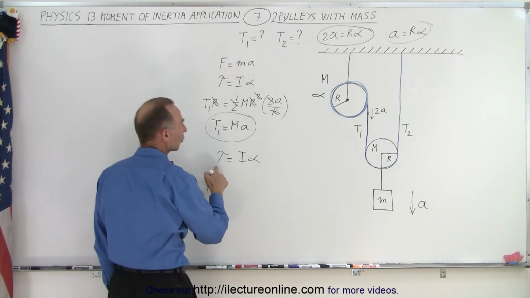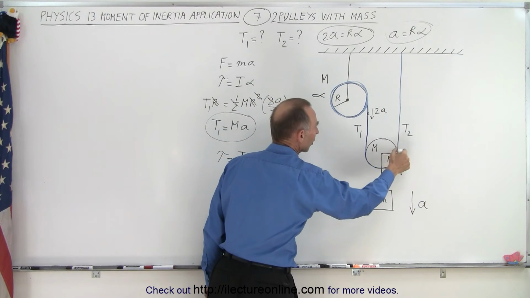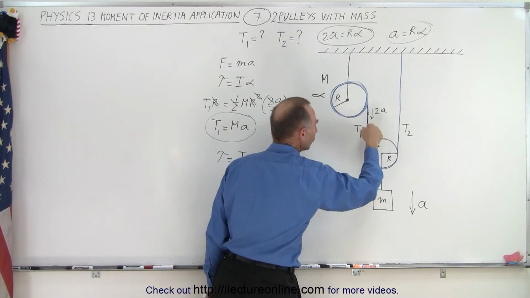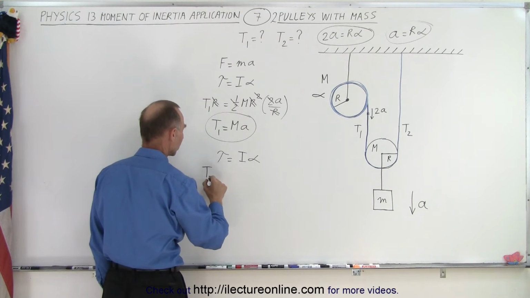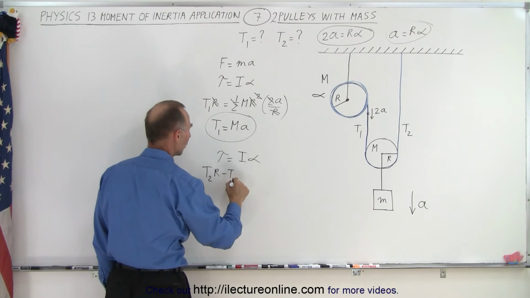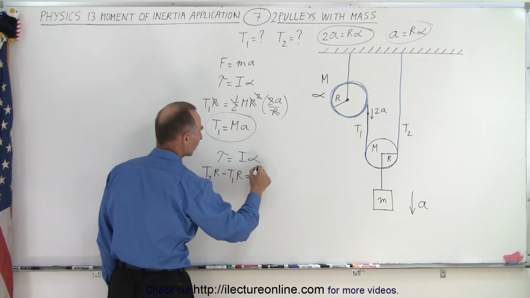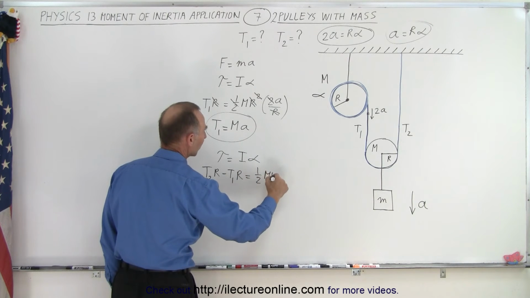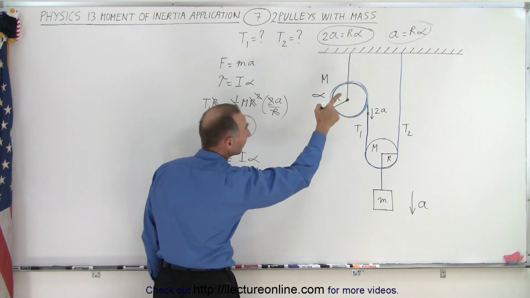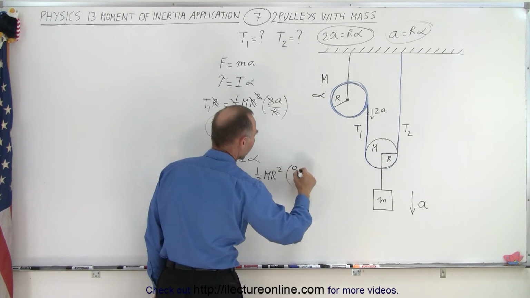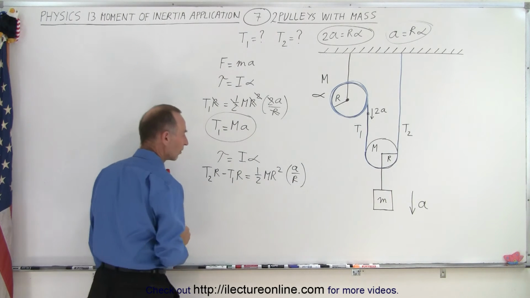The torque is going to be the torque caused by T2 minus the torque caused by T1. So the net torque is T2R minus T1R, equal to the moment of inertia, which is also 1/2 mr squared, times the angular acceleration of A over R.